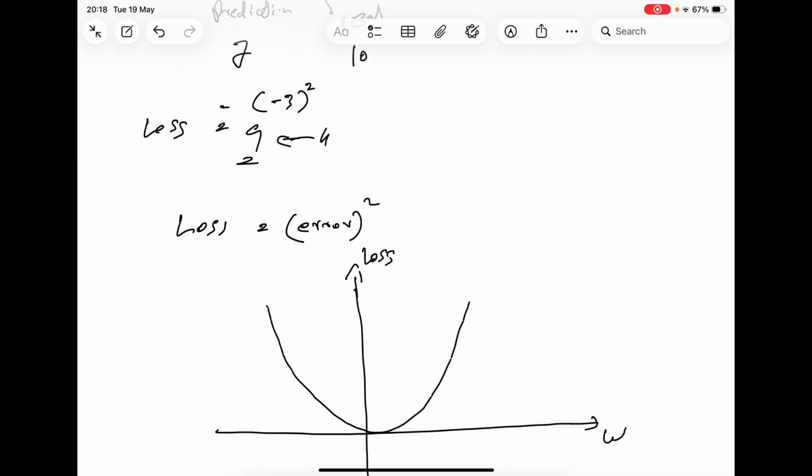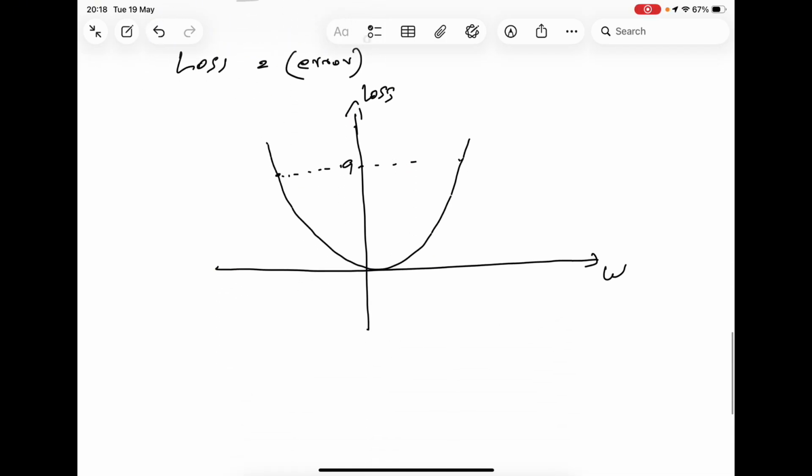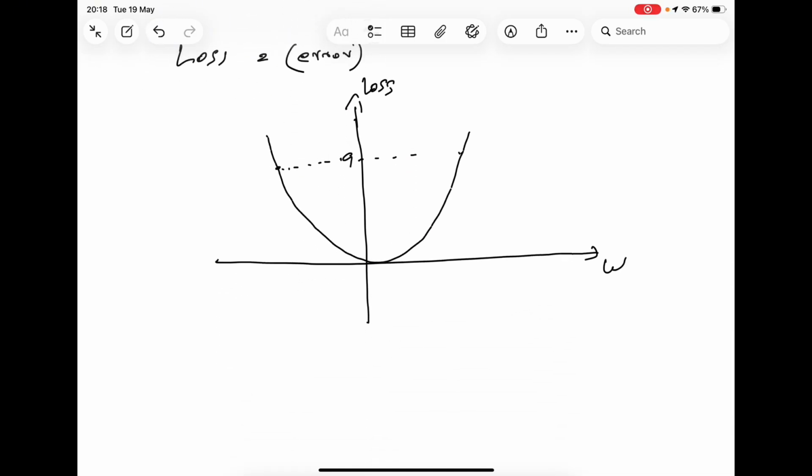Since our loss is 9, our loss could be somewhere around here or here, right? Our goal is to somehow take this loss all the way down to 0. If we get a 0 loss, that means our neural network will provide us the perfect prediction.